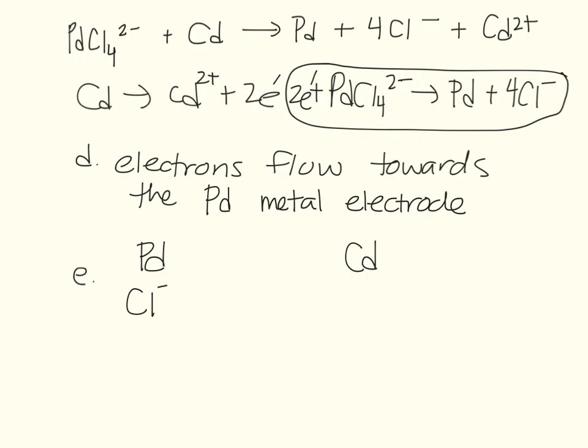And the cadmium electrode will be producing cations, so there will be an overwhelming amount of positiveness. In the salt bridge, you'll see that negative ions, like nitrate, for example, will flow towards the cadmium cell. Positive ions, like potassium, will flow towards the negative area.